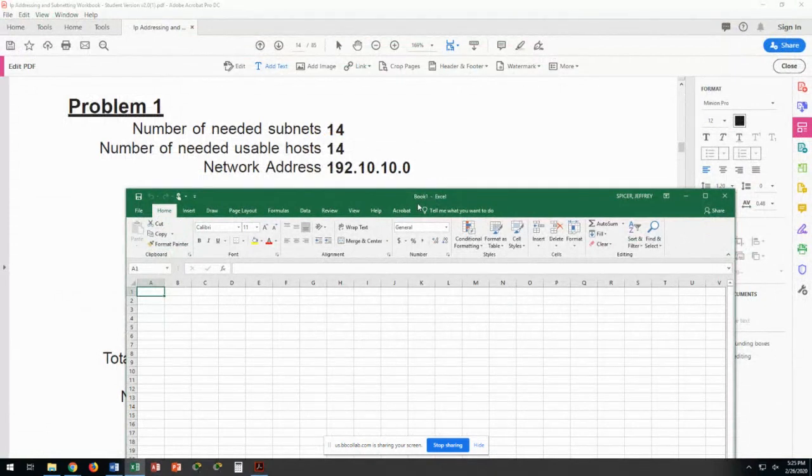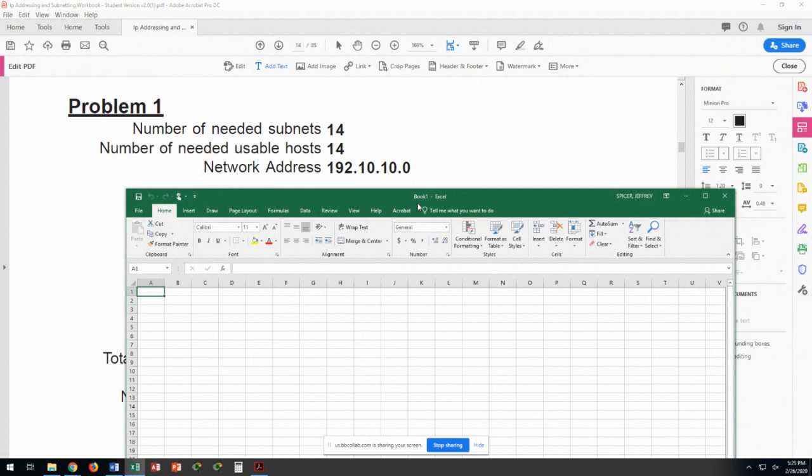Okay. All right, so we have an IP address of 192.10.10.0, right? We need 14 subnets with 14 hosts.